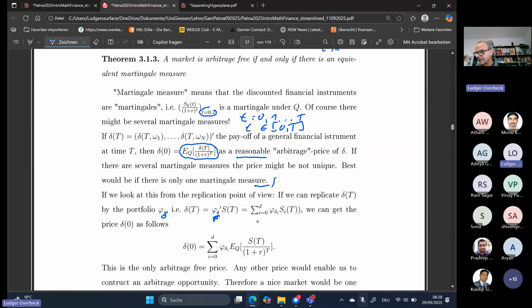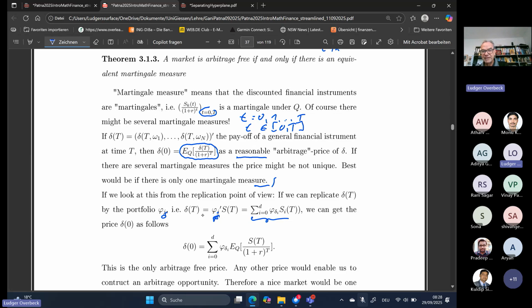This means if we can replicate a payout, an arbitrary cash flow at time maturity, and cash flow is just in this case a vector of length capital N, then we know that we can get a vector phi of length d plus 1, investing in our d plus 1 assets, and the value at time t of my portfolio equals the cash flow.